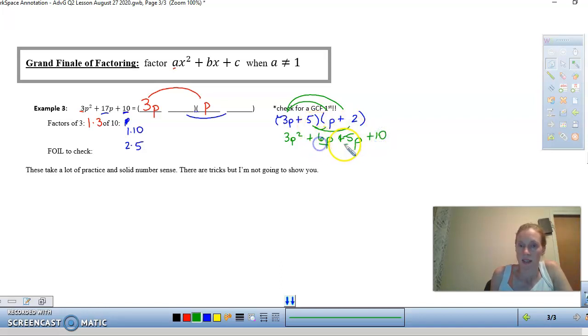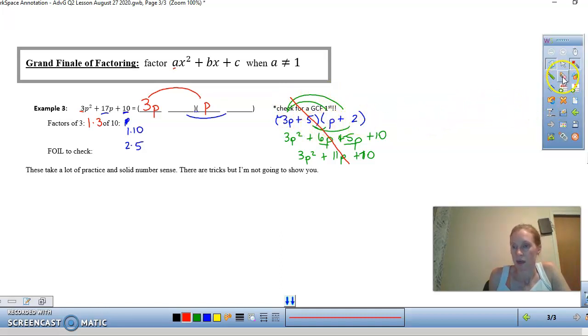When we combine like terms, we get 3p squared plus 11p plus 10. That obviously does not match, so that is not the correct factorization for this trinomial. But what I want you to notice is these combined like terms come from the outside pair and the inside pair.